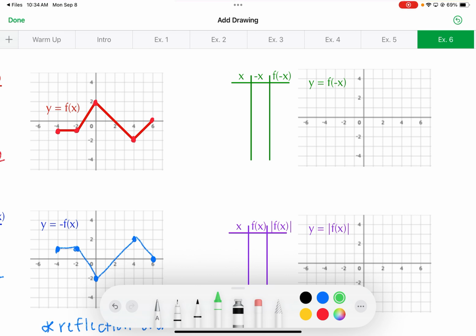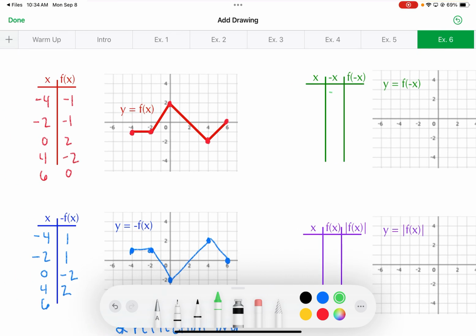So in my table here, in the middle column, negative x, I'm going to replace it with the same x values from the critical points in red. I know that if I can get negative x to be those values, then they're going to produce the same outputs that the function in red produces.